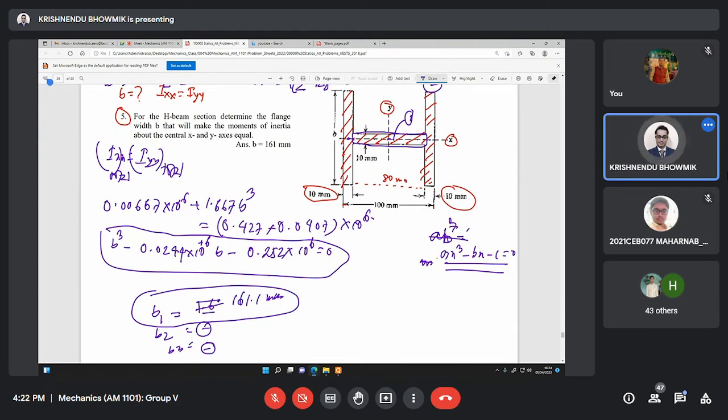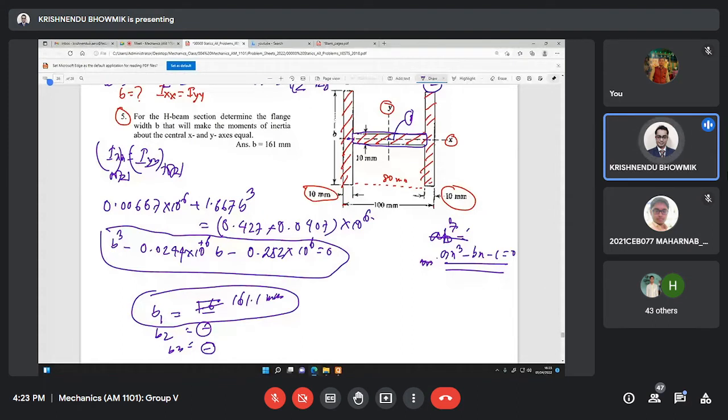Is it okay now? Okay, sir. But how to solve the cubic equation, sir? Okay. Somebody can use the formula from the calculator. You can solve the cubic formula directly, three roots. That way you have to solve. That is a little bit tricky, not straightforward.